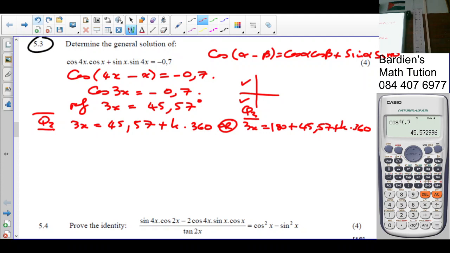Okay? I erased this earlier on, but I didn't write it in: 180 minus 45,57.